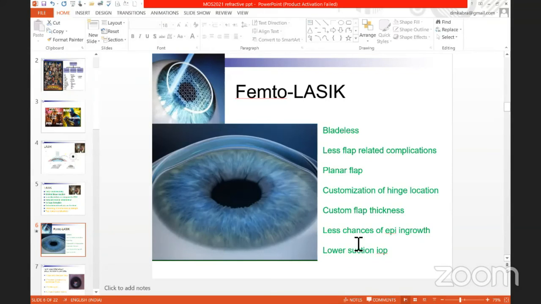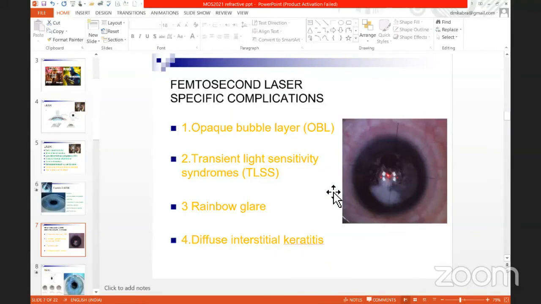It comes with its own unique set of complications as well. One of it I would like to mention is opaque bubble layer. We do get soft OBL as well as hard OBL. These days, with the energy levels going down with the newer generation of machines, we hardly get hard OBL. These are soft OBLs, which vanish in a few minutes.